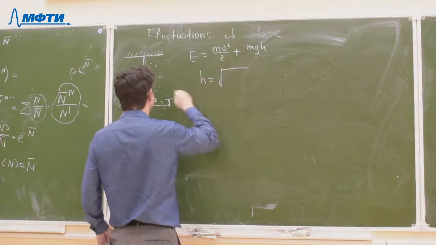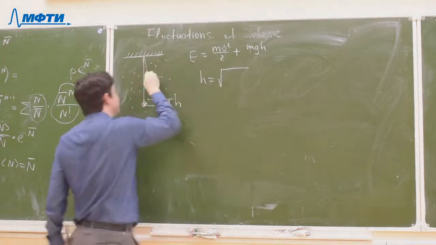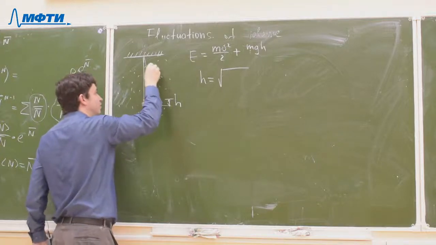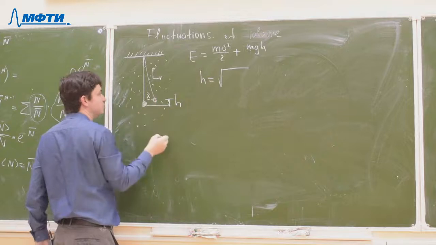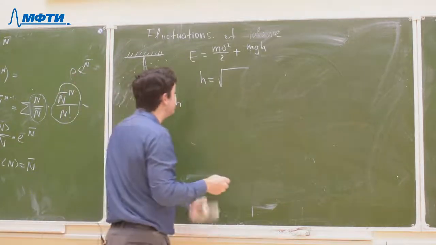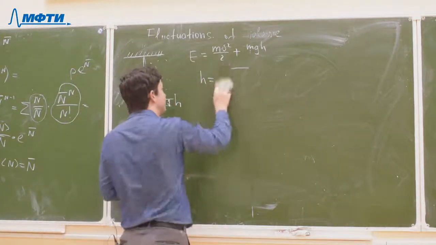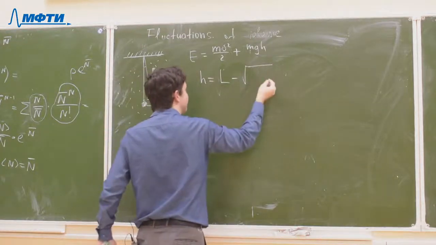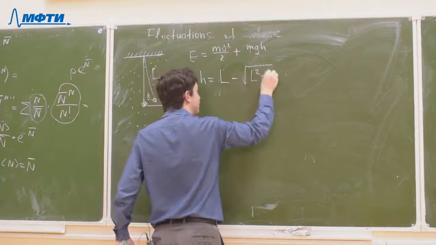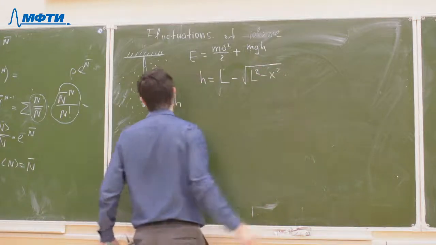If we have the thread length equal to L, and the displacement equals x, then this h can be found as L minus square root of L squared minus x squared.